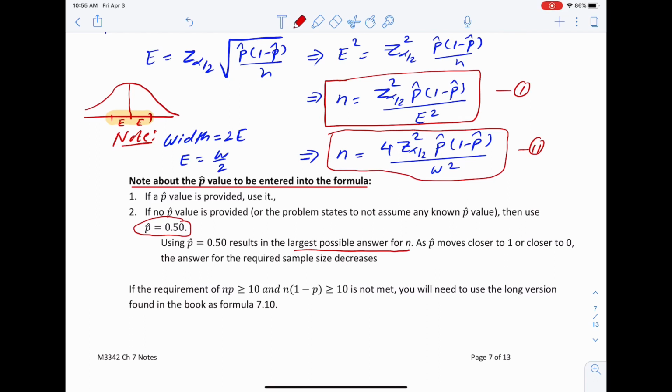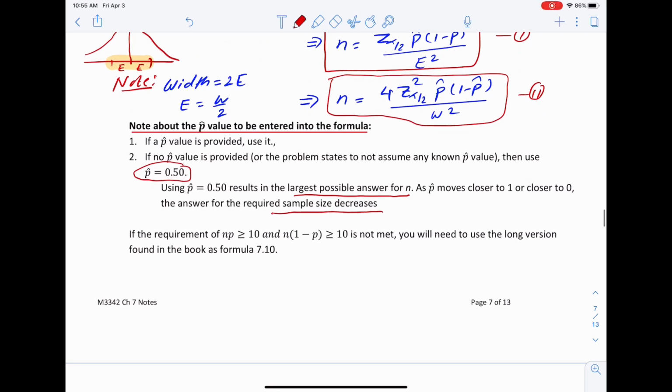And if p hat is close to 1 or 0, you'll get a smaller sample size. Again, if these two conditions are not met, you need to use the long version you find in the textbook. But I'm not going to ask problems where you need to use this formula.